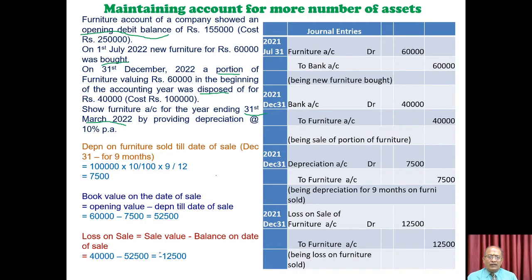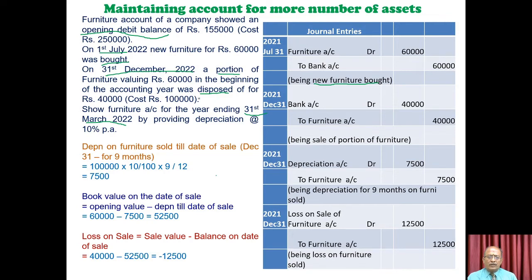Now here are the relevant journal entries. First, chronologically we go for the journal entry on 1st July. On 1st July, a new furniture was purchased. So this will be our first journal entry: 60,000, furniture account debit to bank account. Then next, on 31st December 22, here we have a sale.